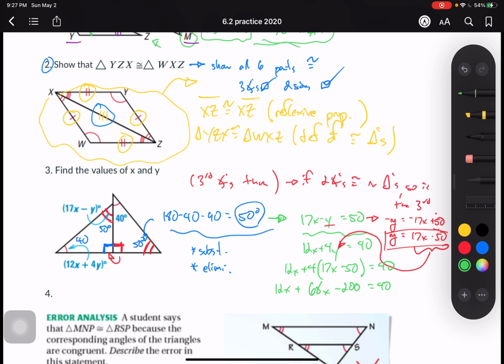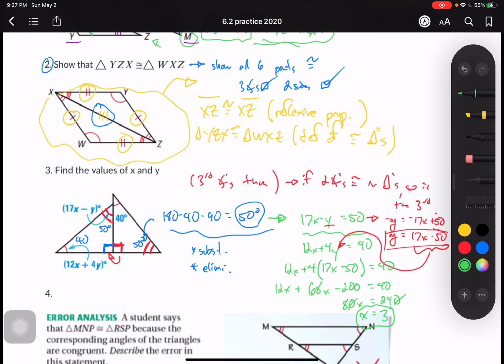Let's consolidate our stuff over here. 240 on the right. Looks like I'm going to get a solid 80x on the left. So x, once you divide both sides by 80, you can cut out that 0 there, and you'll get 3. So that's 3.